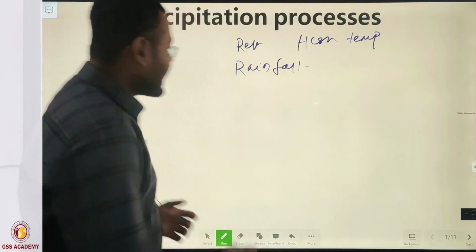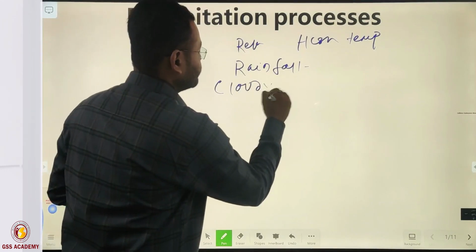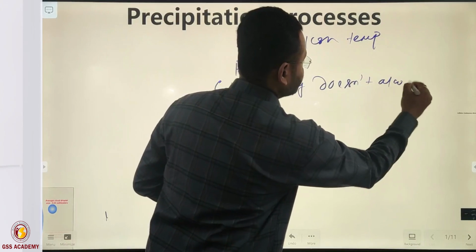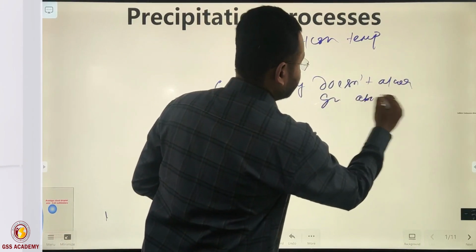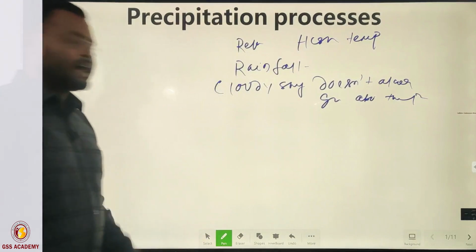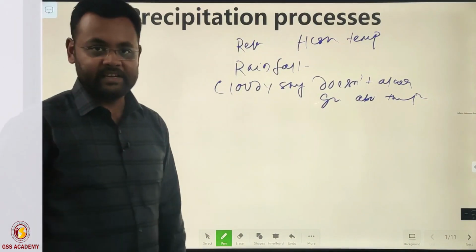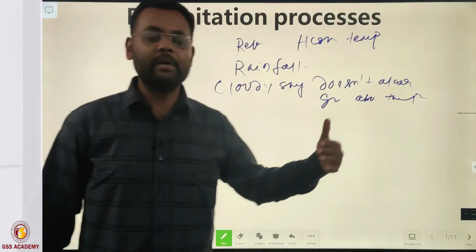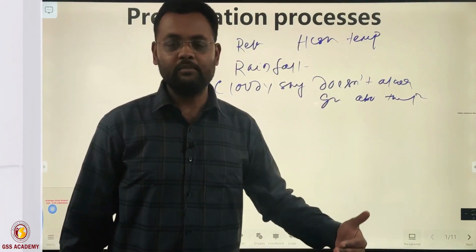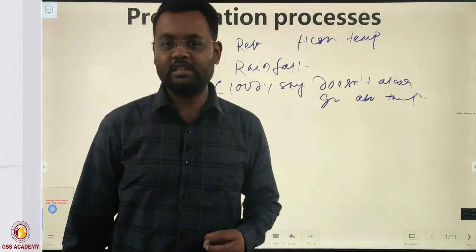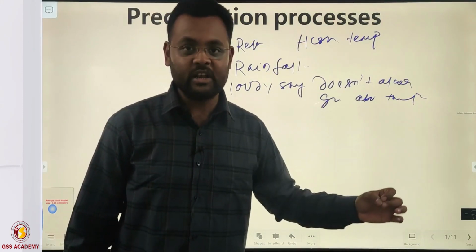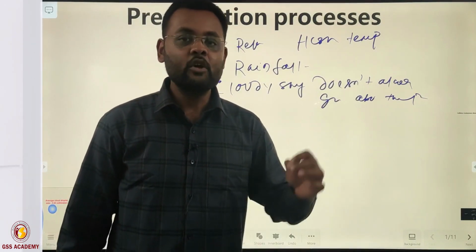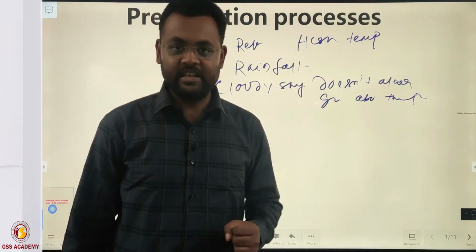That means that the cloudy sky does not always guarantee the precipitation because, as we have already discussed, sometimes cloud may persist in the sky for more than 1 month, but not a single drop of precipitation will take place, and in some other instance the cloud can develop and a huge amount of precipitation can take place within a time frame of less than 1 hour.